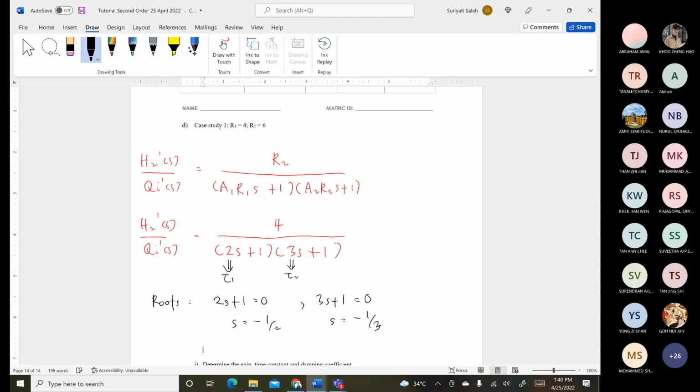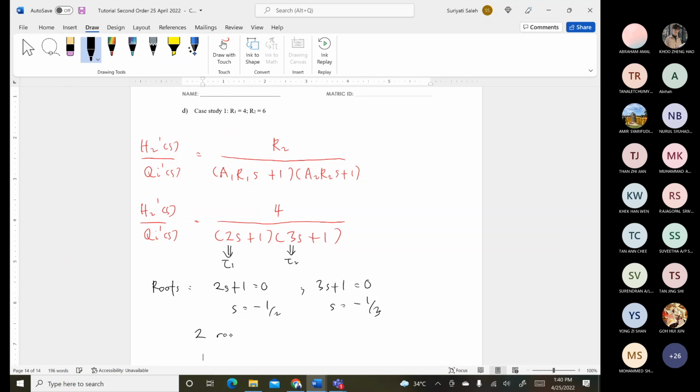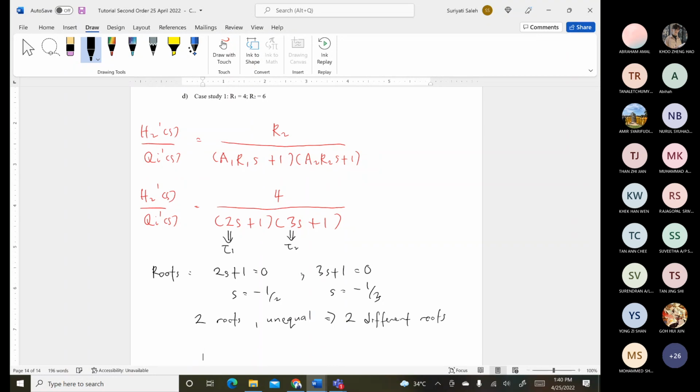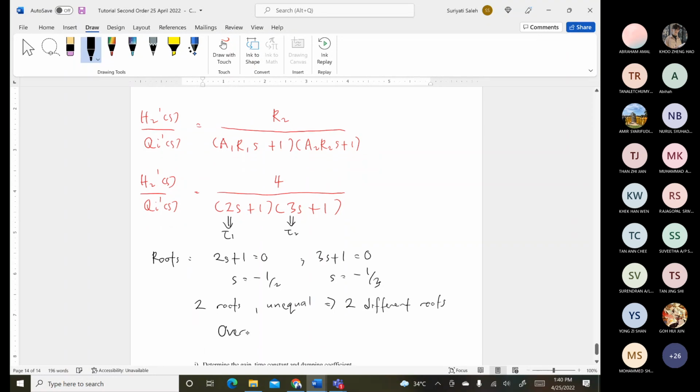So in this case, you can see there are 2 roots, s equal to negative 1 over 2 and s equal to negative 1 over 3. When you have 2 different, unequal roots, it is automatically over damped. That's how we can decide based on the roots itself.